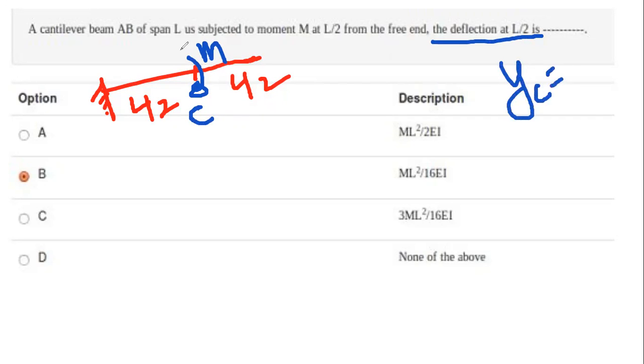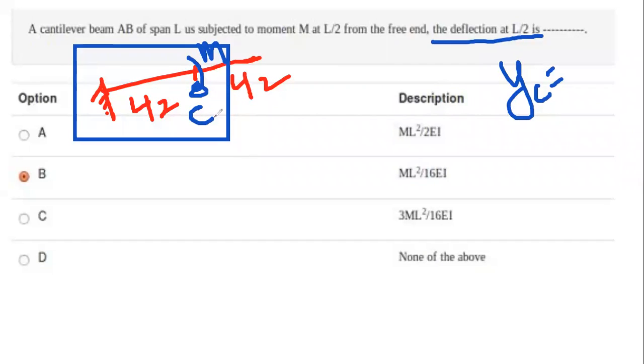If you consider only this much portion, this is the standard loading condition, and the formula for deflection for this particular case is given by ML square by twice of EI.